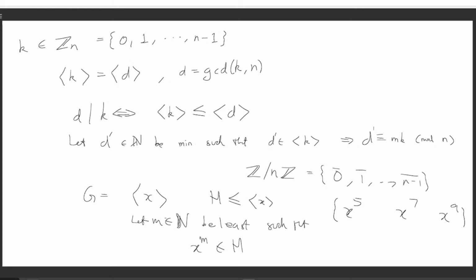That is true for some m. Or z, some I mean z is enough. I'll just write z. Yeah, okay, fine. D is a multiple of k. That's fine. Modulo n. Is that what we want?